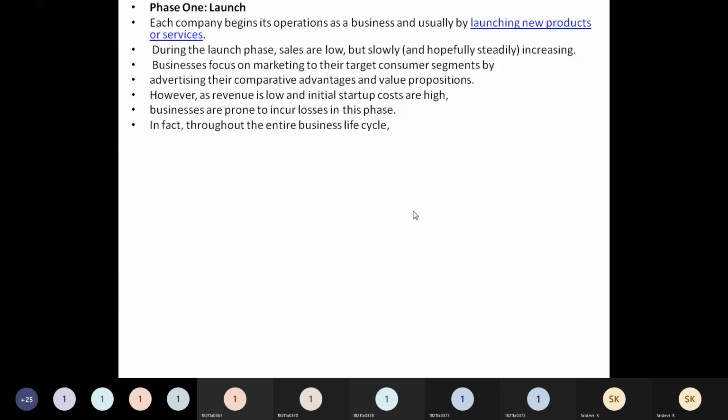For every process, they will be spending so much money, which they cannot recover immediately. So their cash inflow will be very less and their expenditure will be very high. So most probably at the launch stage, any business will be in losses.